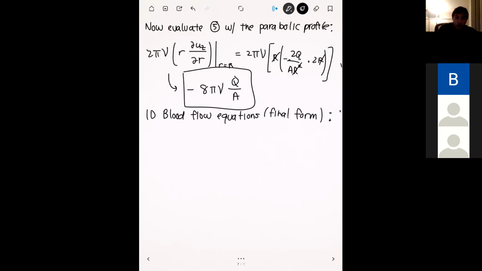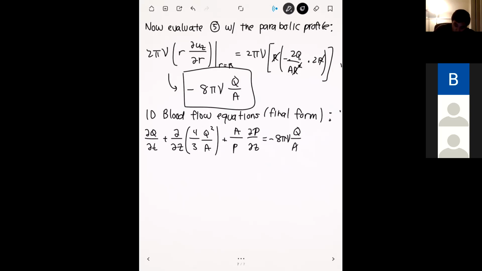All right, and so the final form of the equations looks like the following. We have partial Q partial t, plus the first thing we just found, partial z times 4/3 Q squared over A, plus A over rho partial P partial z, is equal to minus 8 pi nu Q over A, which is what we just found here, plus nu partial squared Q partial z squared.